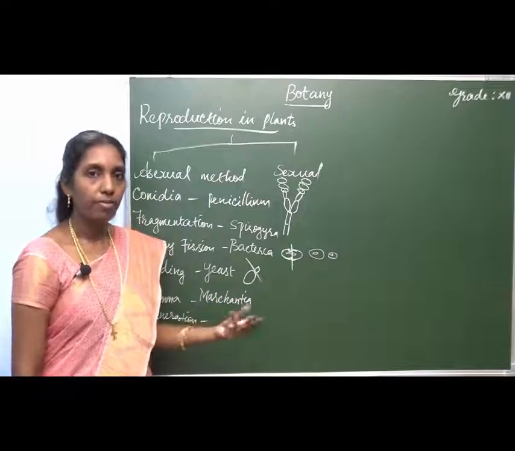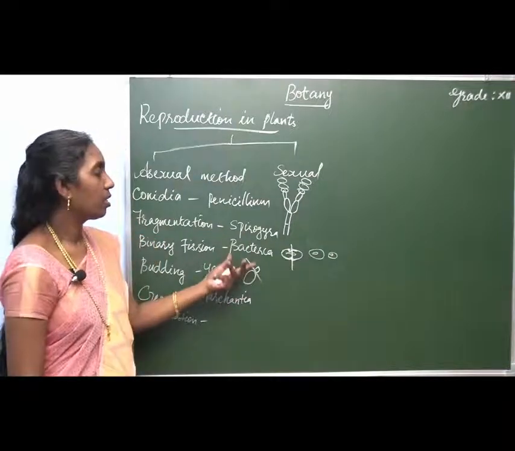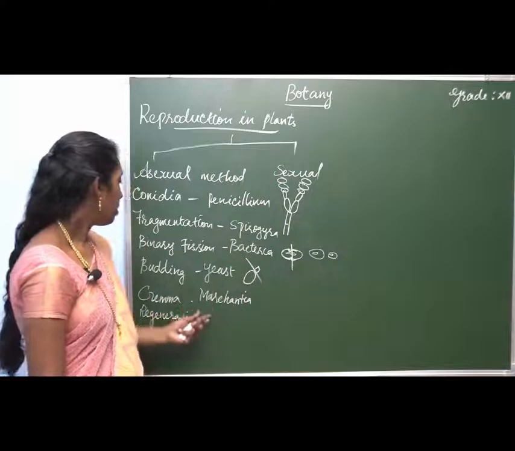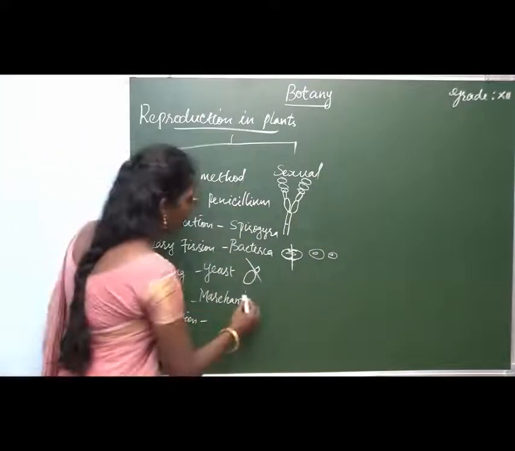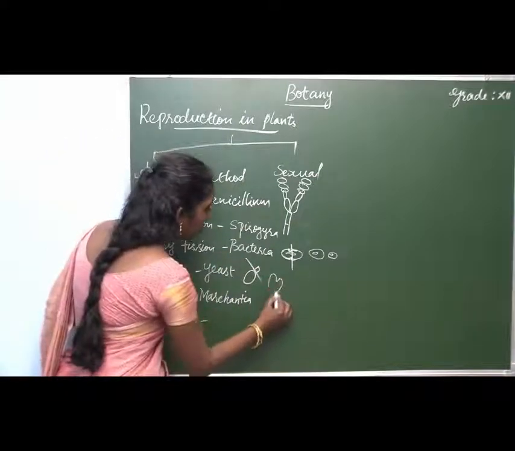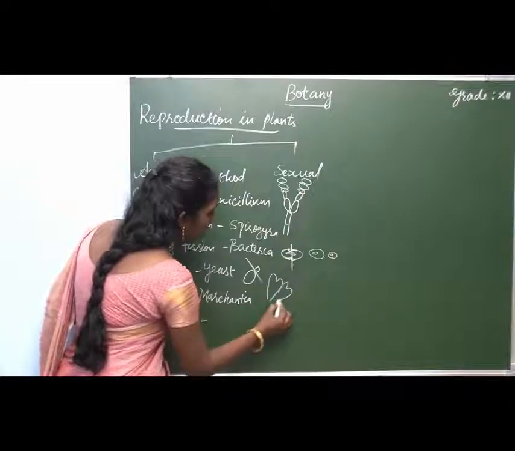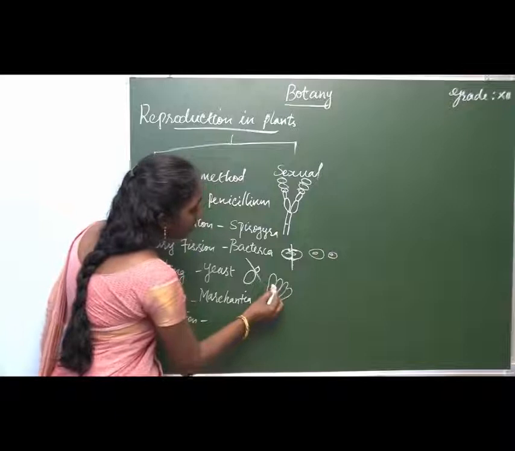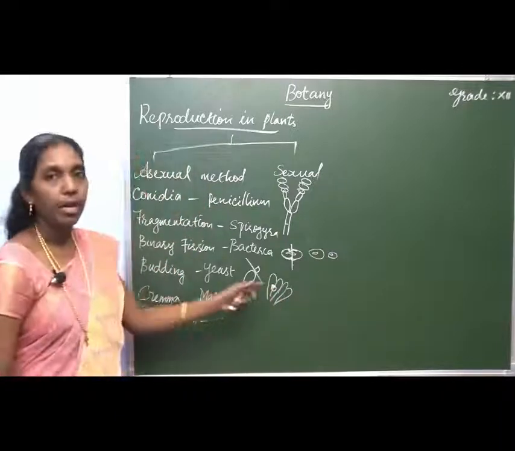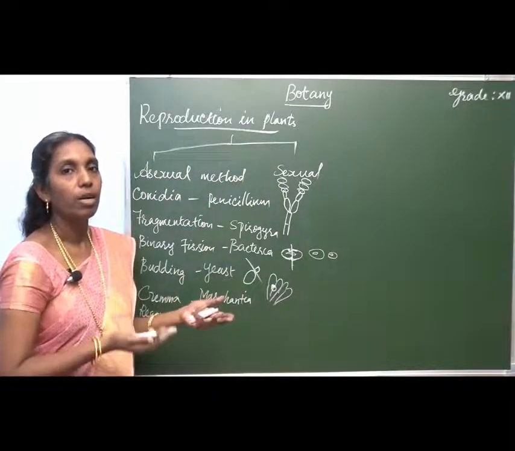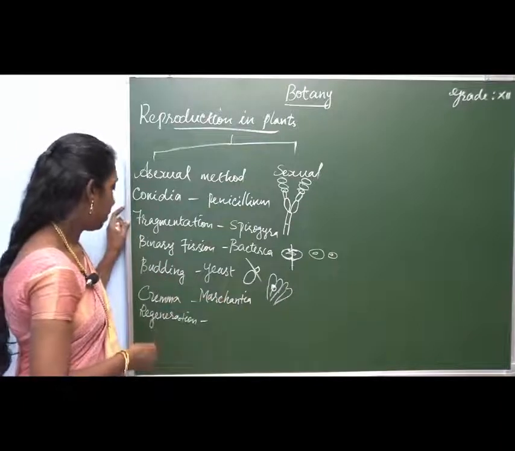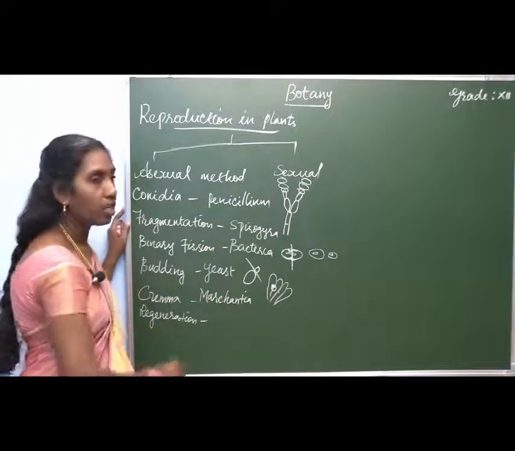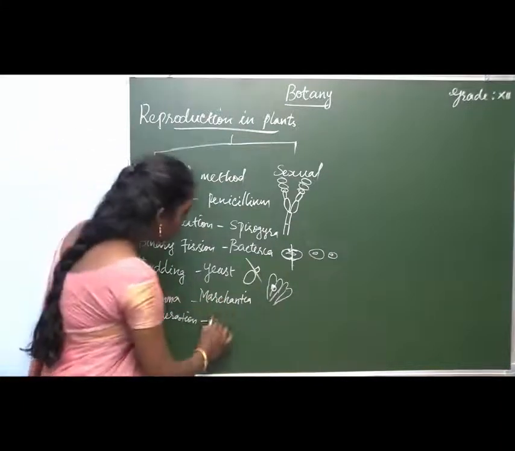You know, there are different lower forms of organisms: alga, fungus and bryophytes. This bryophyte Marchantia also shows a thallus plant body, and in this thallus there is a formation of gemma. When this gemma is detached from the parent, it has the ability to develop into an entire species. Then regeneration.